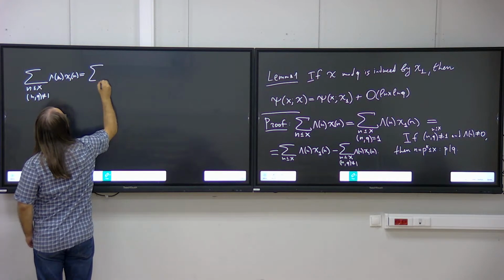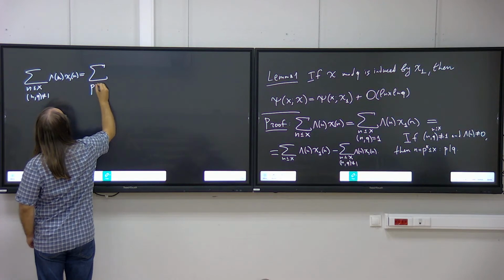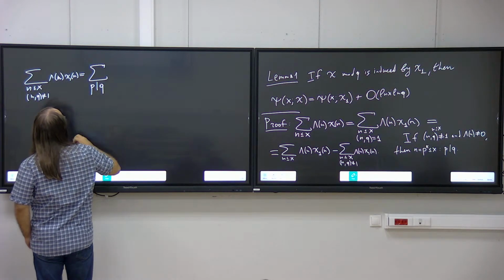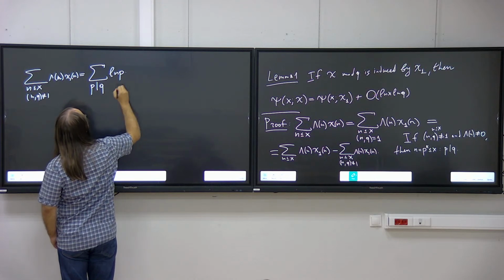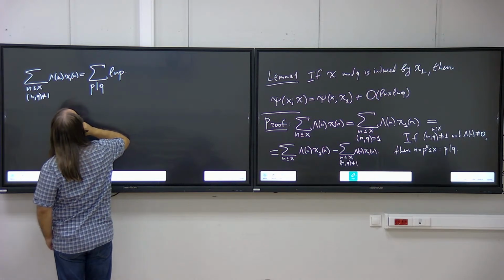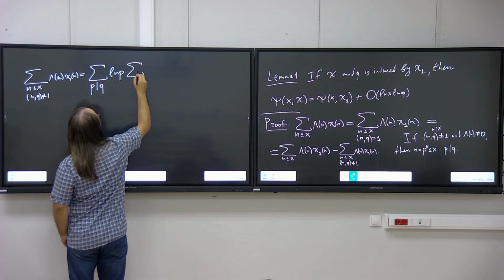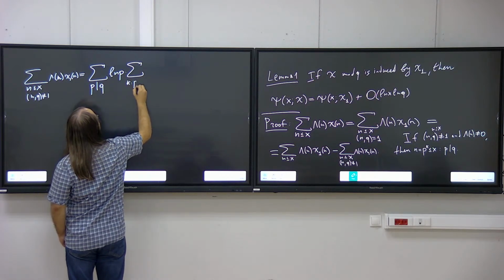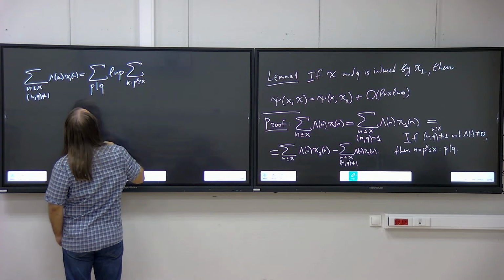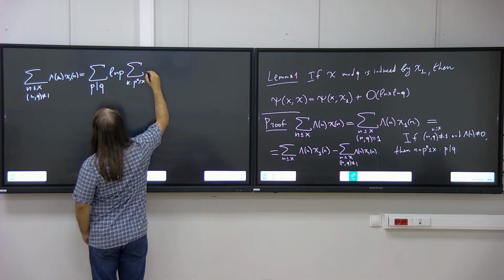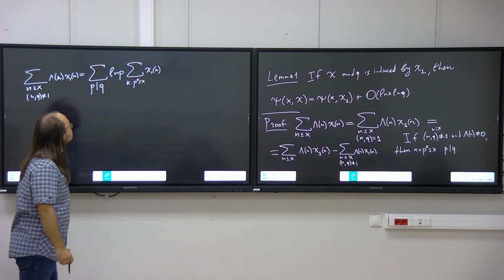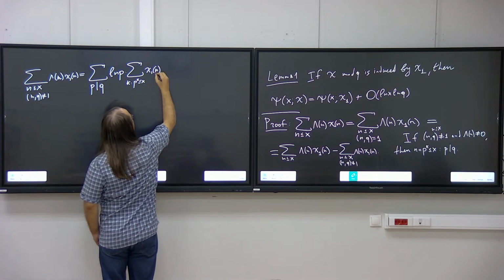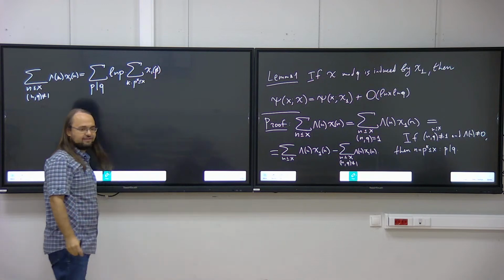This is the sum over all p dividing q, logarithm of p, multiplied by the sum over all k, such that p to the k is at most x, chi 1 of p to the k, right?